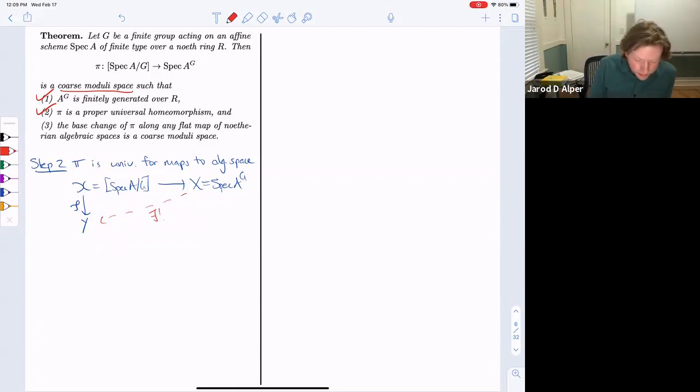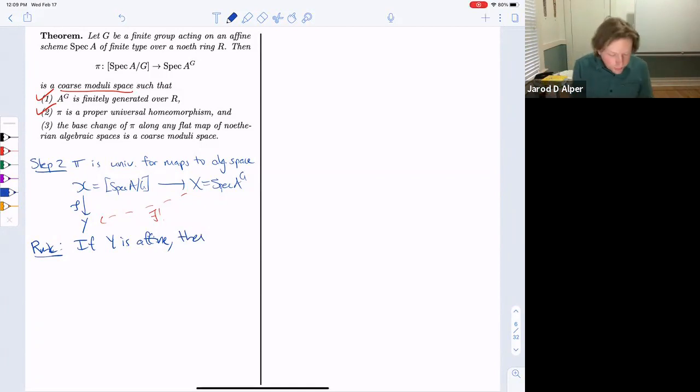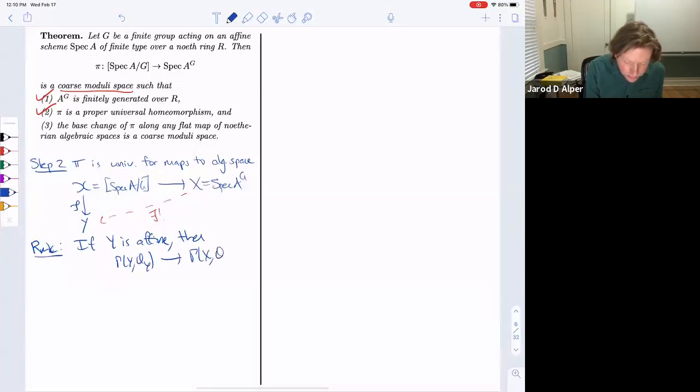But maybe before getting to this, I should just remark that if Y is affine, then we have a morphism from the global functions on Y to the global functions on X. But this is identified with the global functions of the algebraic space X. And so this map here defines X to Y because both X and Y are affine.